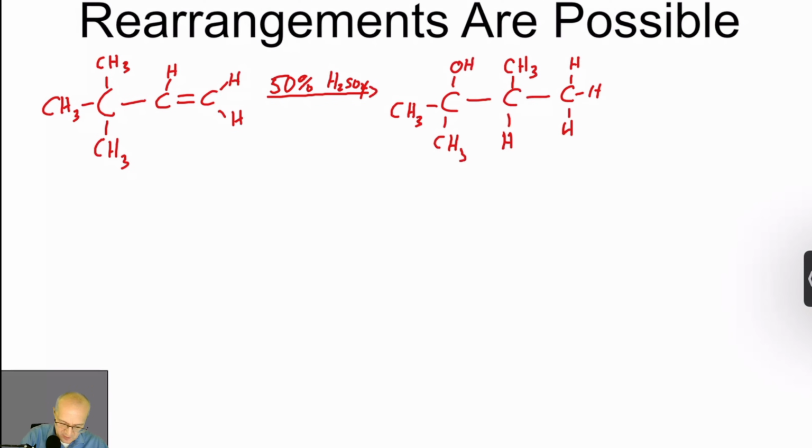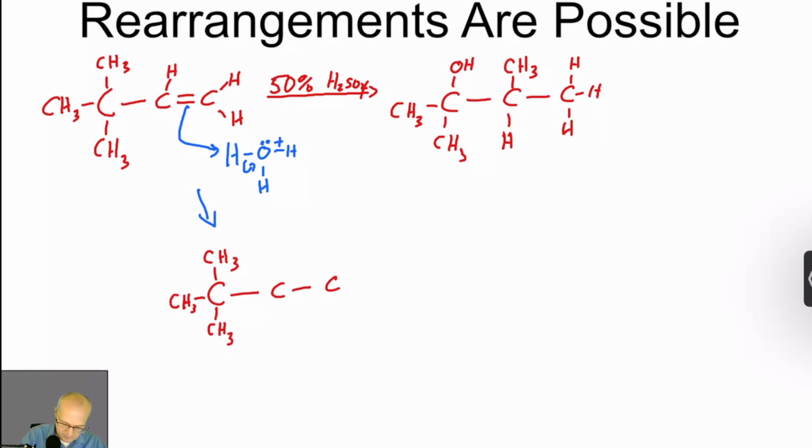Let's take a look. So water, or hydronium I should say, gets attacked by the pi bond, forming this carbocation, which I think everyone will be on board with. And this secondary cation, well, it's not very hard to imagine that one of these three methyls here, they're all hyperconjugating to this carbocation.